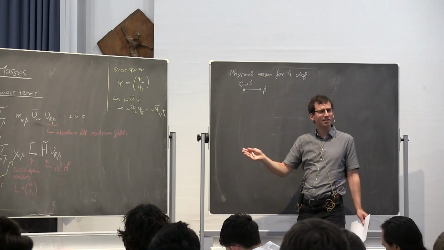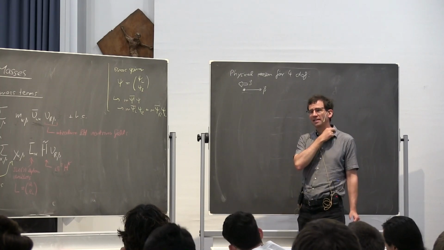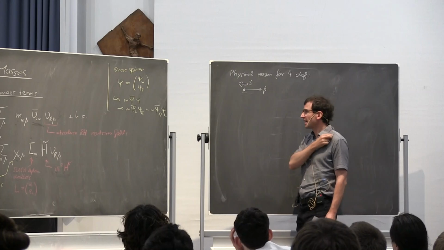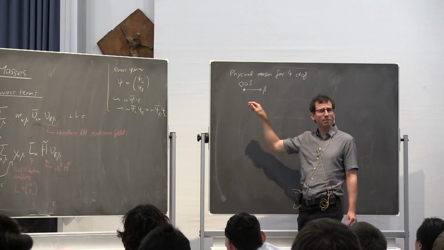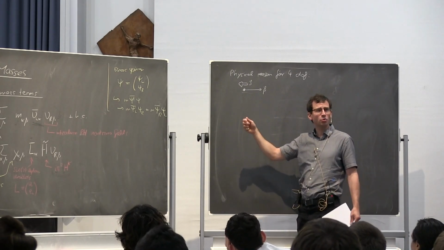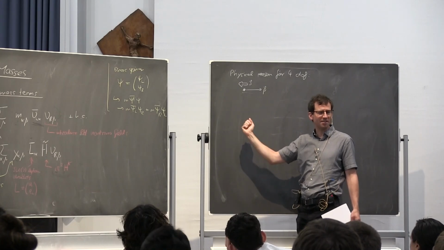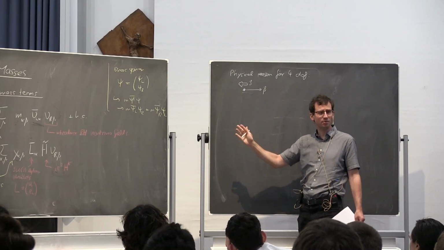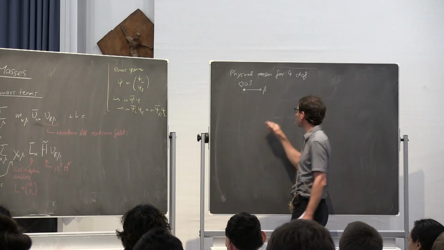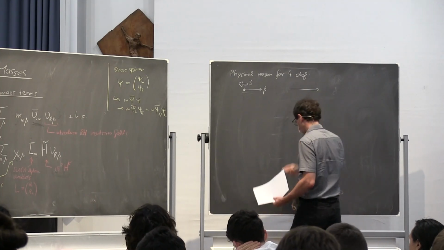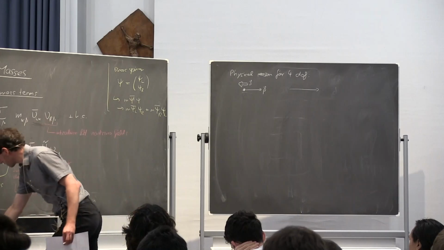But if they are massive, it has to be below the speed of light. And that means I can, in principle, boost my coordinate system to a frame which is moving faster than the neutrino. For massless neutrinos, I can't do that, but for massive neutrinos, I can always do that. So here we apply a large boost.